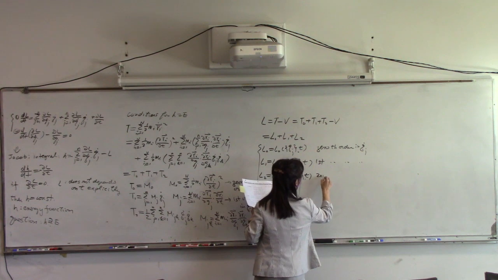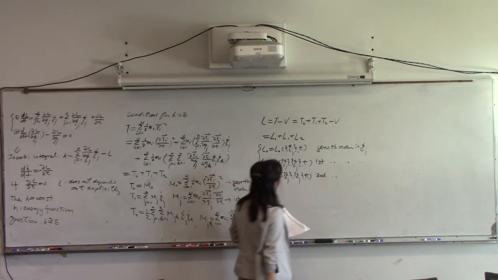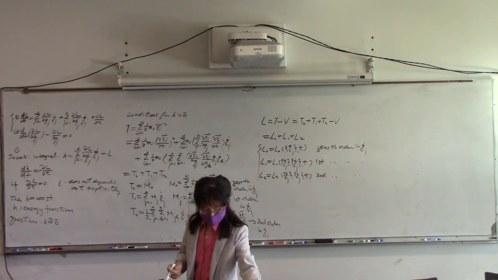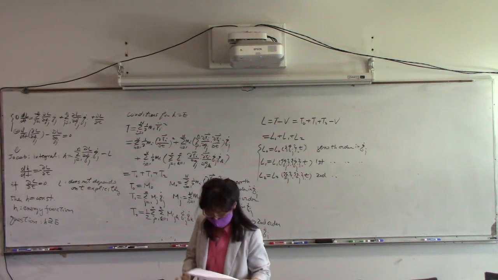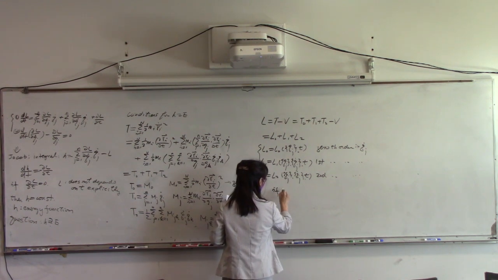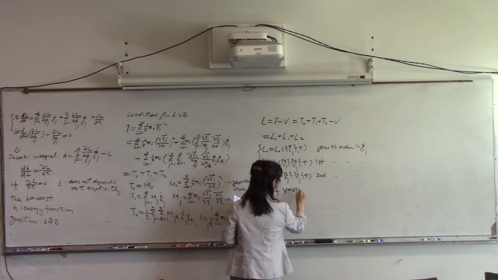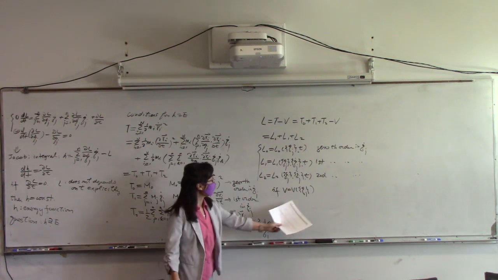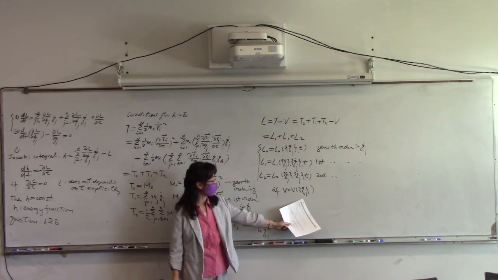So that is second order. Then when we classify this, now we can discuss what is L0. Let's say if V is only a function of generalized coordinates, then that is not a function of qj dot, right?